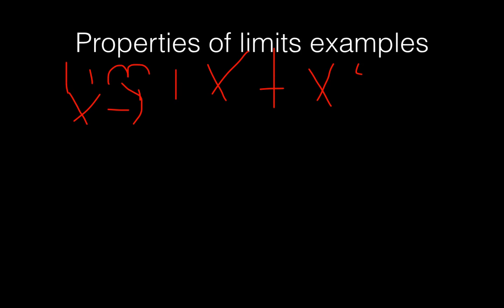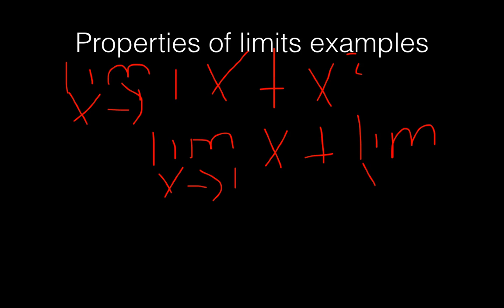Alright, using the sum or difference property of limits, you can find that the limit as x approaches 1 of the function x plus x squared is the limit as x approaches 1 of x plus the limit as x approaches 1 of x squared.